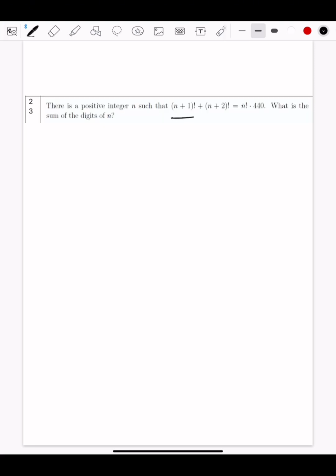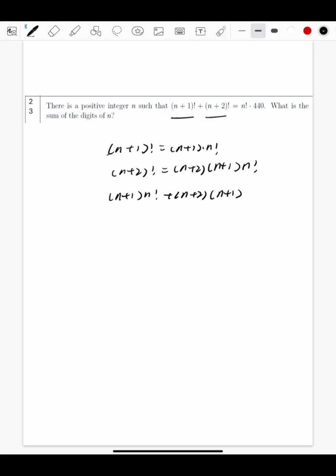First make the first step here. And the second one here, that equals n plus 2 multiplied by n plus 1, and substitute into the equations, and we have a new formula. We have this, and divide both sides by n here, since it is not equal to 0.